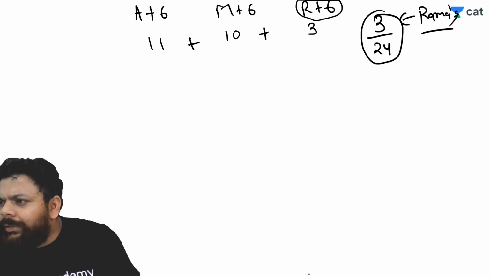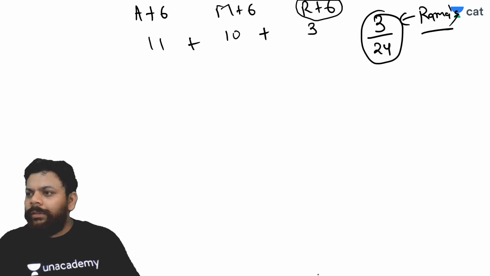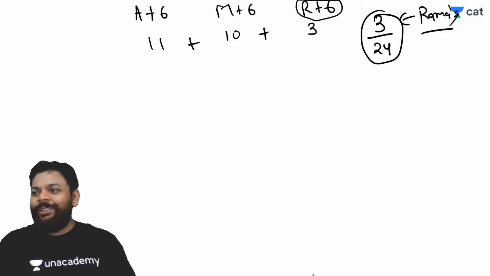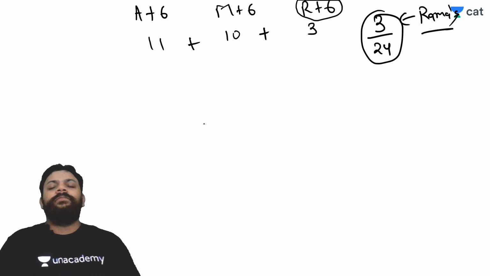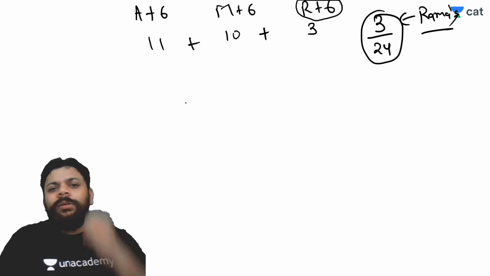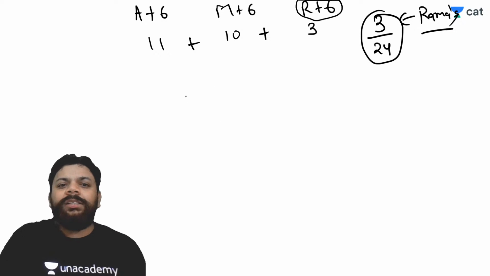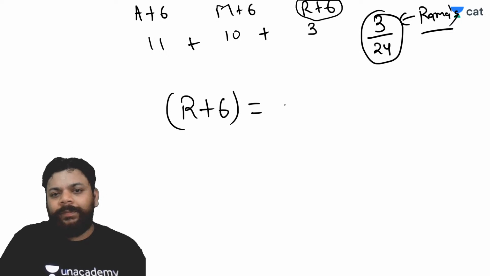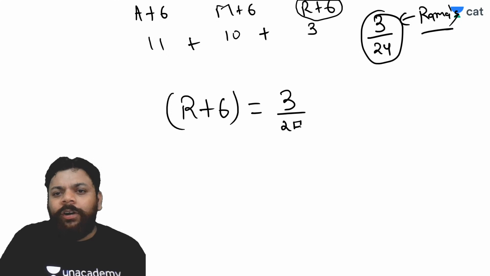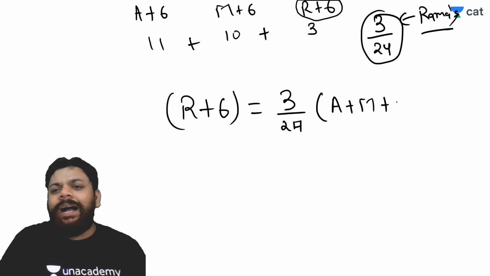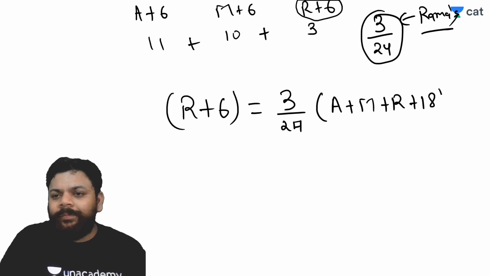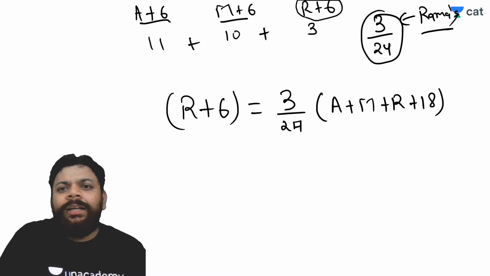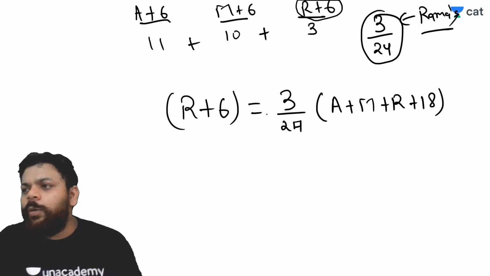So are you getting this? Okay. So as of now, the only change that you have to make is, can I say that r+6 का value will be 3/24 of a plus m plus r plus 18? बिकॉज ये समेशन जो भी आएगा इसका मैं 3/24 लिखूं.